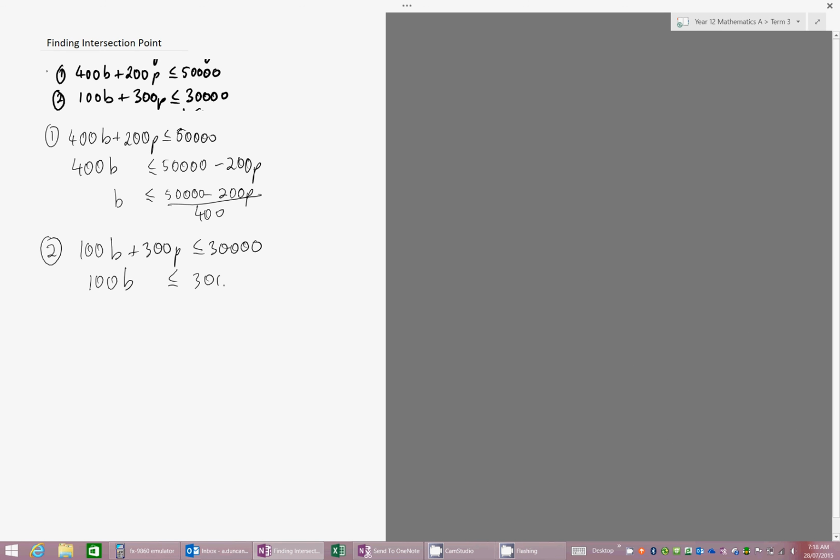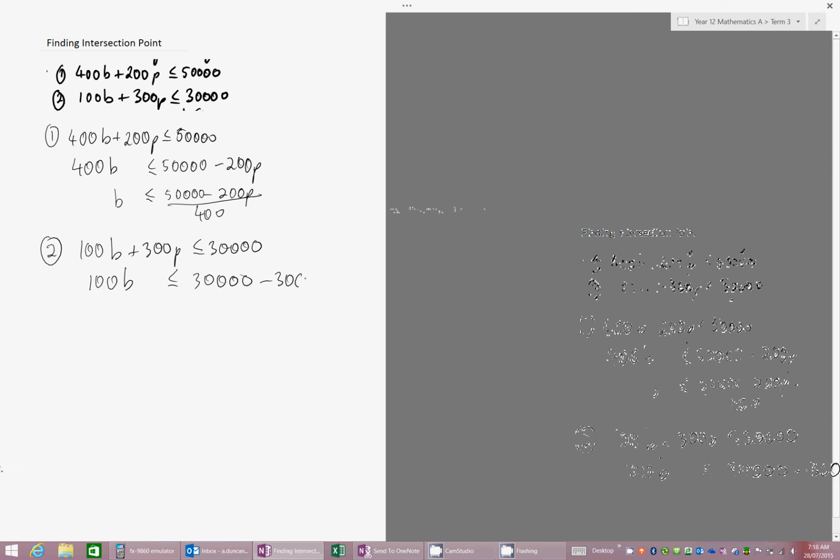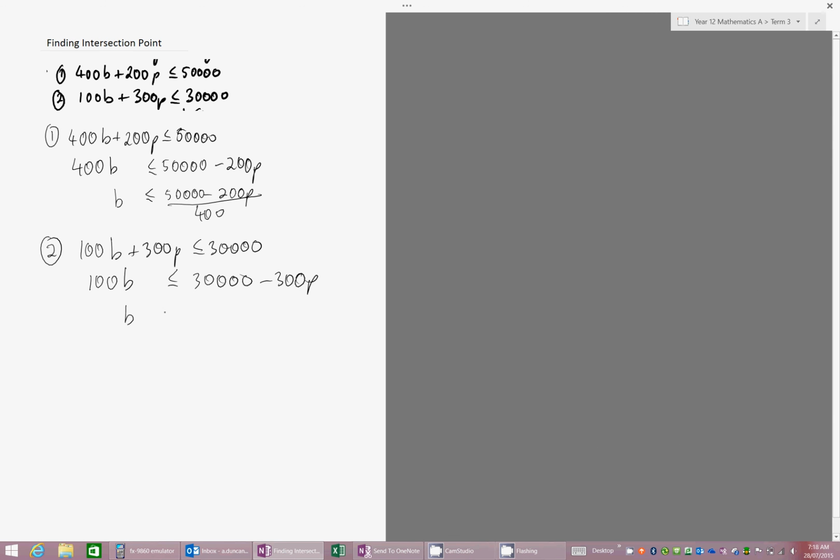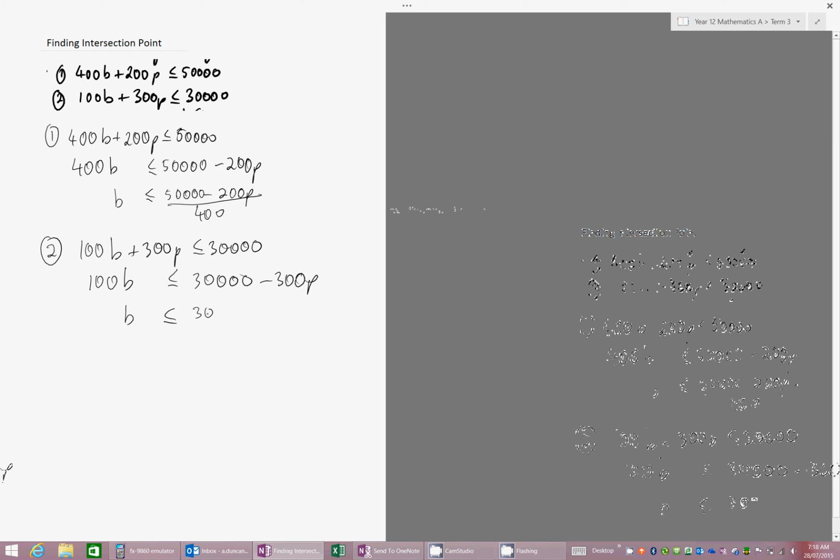Okay, I need to get B by itself. So I'll bring this 300p to the other side and make it negative, and then divide through by 100.